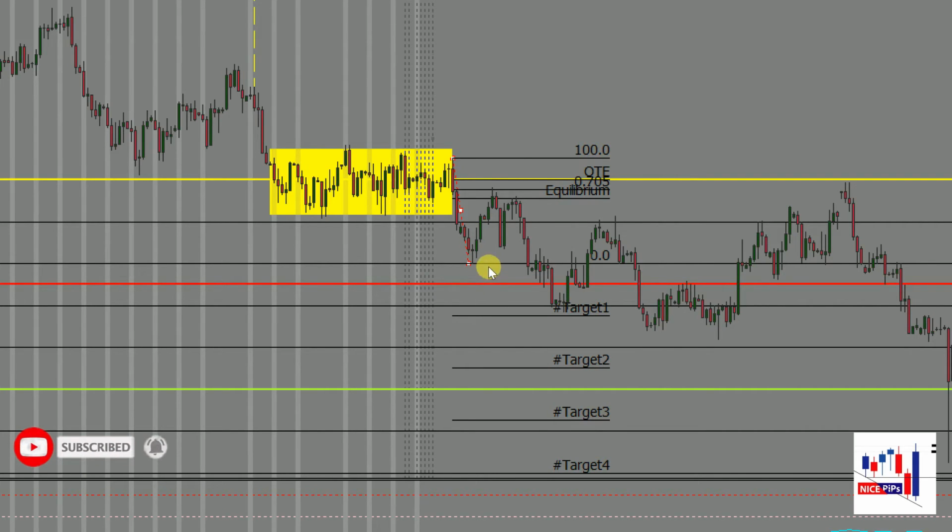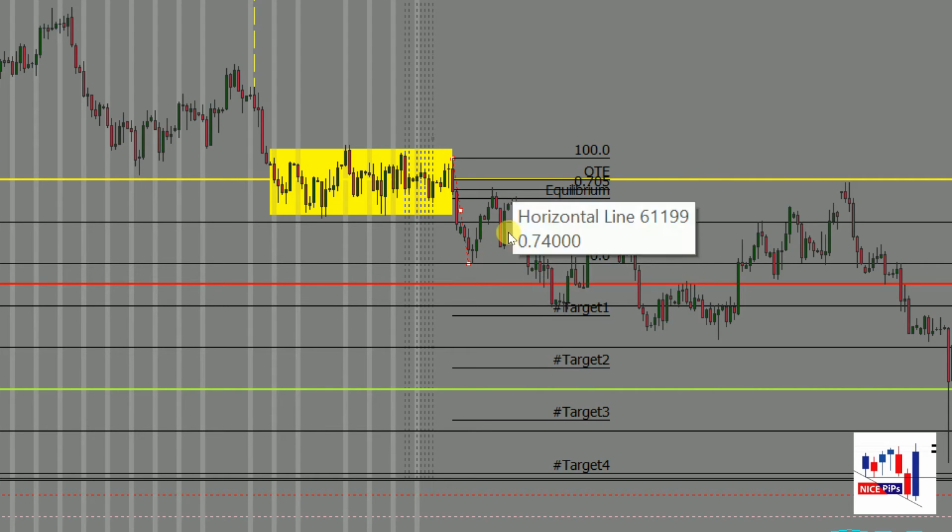We put our ICT fib when it retraces to equilibrium, because this is what happens in Forex. When we are selling, we are looking at selling at premium prices, and when we are buying, we buy at discount price. Whenever price is anywhere above the equilibrium in a selling setup, we consider this premium price.